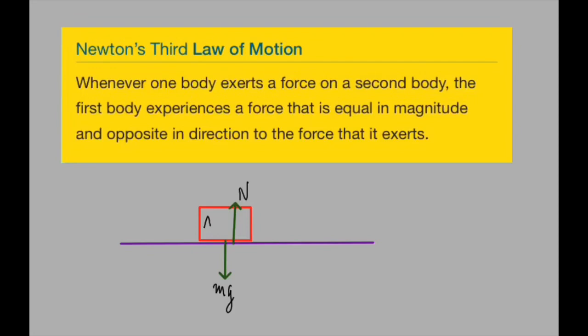So here I'm trying to say that the force on the table, B, by the object is mg. That's the action. But the force on the object, A, by the table is the normal reaction. So that means action and reaction do not act on the same object. They always act on two different objects. So that is Newton's third law.